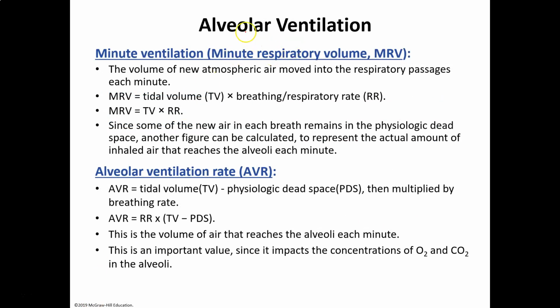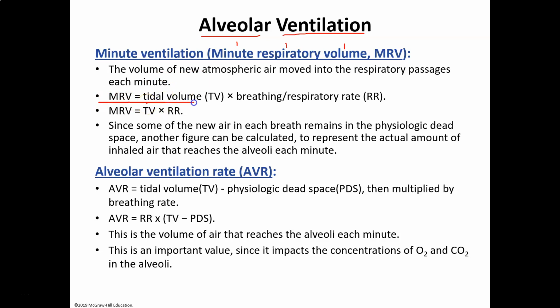All right, so alveolar ventilation. That means how much air an alveolus is seeing every minute: the volume of new atmospheric air moved into the respiratory passages each minute. Here we call that minute respiratory volume, MRV, how much air the alveoli are seeing every minute.